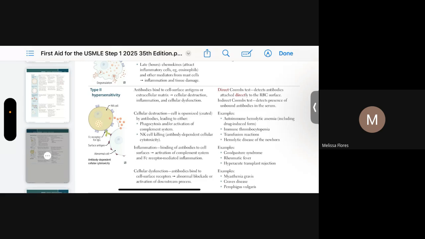So in the classical pathway, we discussed that whenever we have any kind of bug or anything, first of all, your antibodies are going to go and sit there. Which antibodies? IgG or IgM, and they're going to activate your complement system. The complement system is going to form the membrane attack complex, and this membrane attack complex can then lead to destruction of your bug, for example.